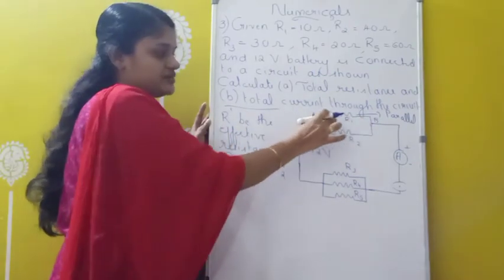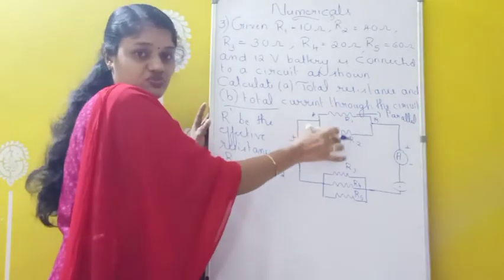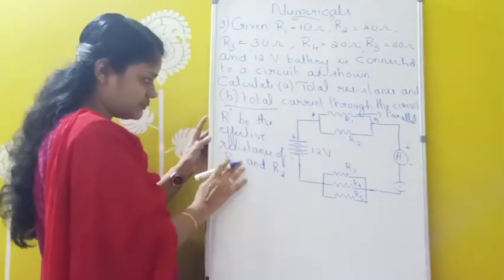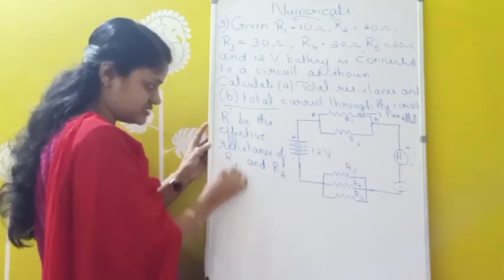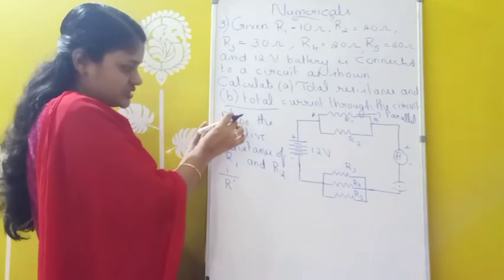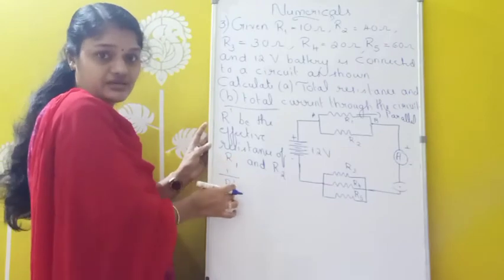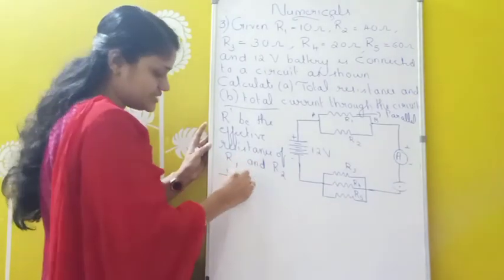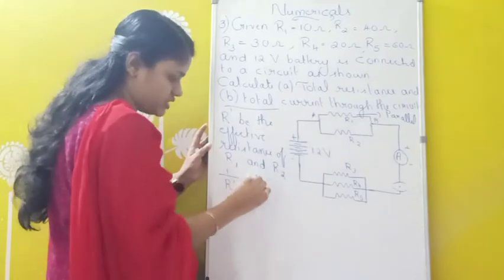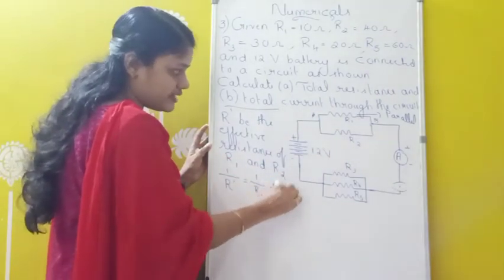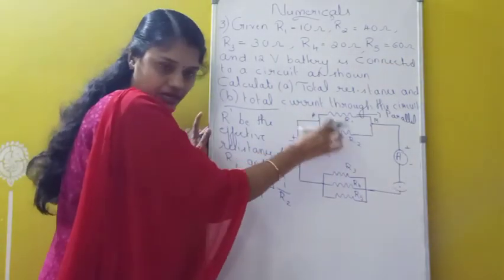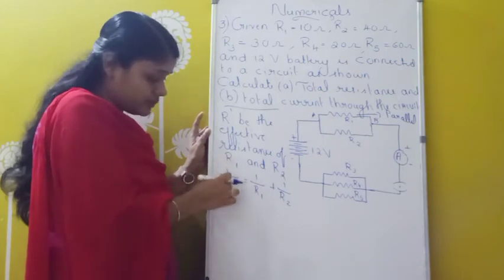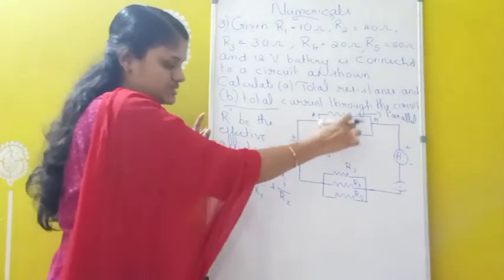We know that when two resistors are in parallel, how will you find the effective resistance? Here R dash is the effective resistance. So the reciprocal of the effective resistance, 1 by R dash, is equivalent to 1 by R1 plus 1 by R2.